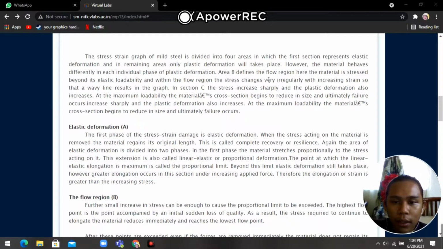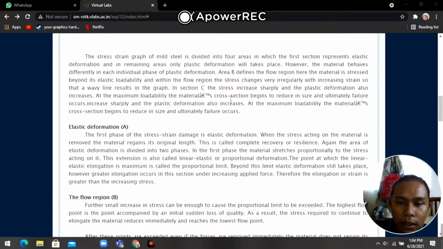Area B defines a flow region. Here the material is stretched beyond its elastic loadability, and within the flow region the stress changes very irregularly with increased strain, so that a wavy line results in the graph.